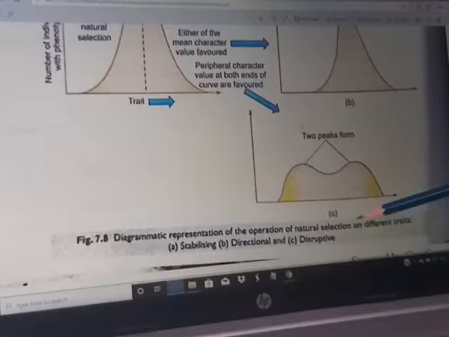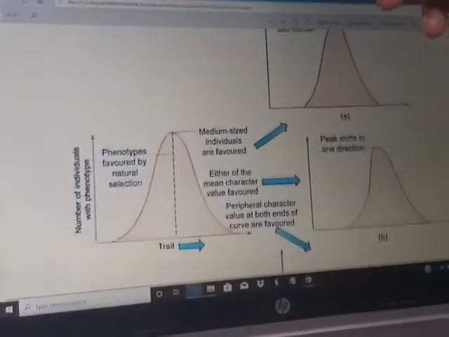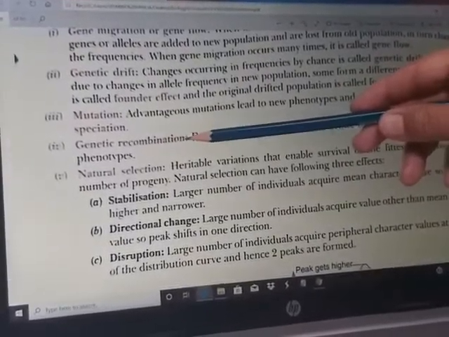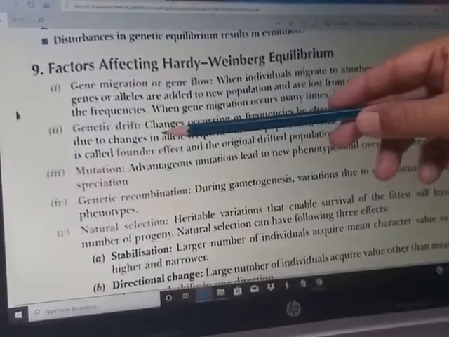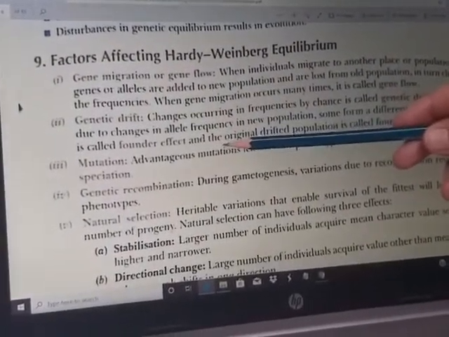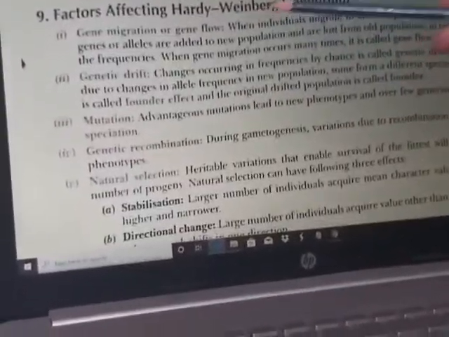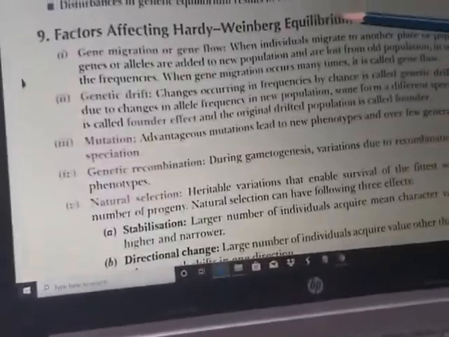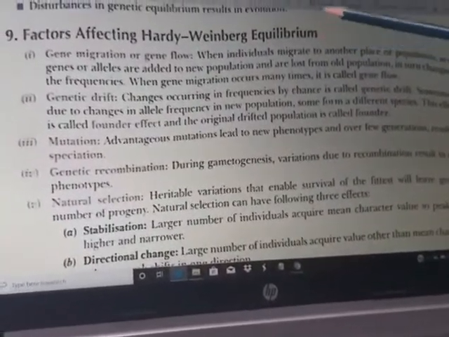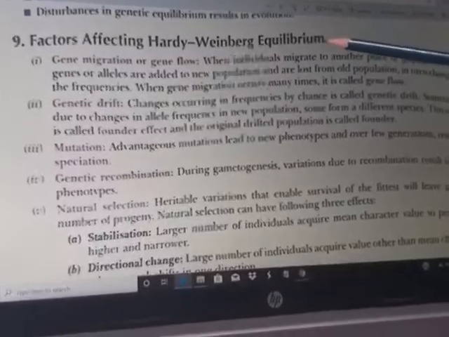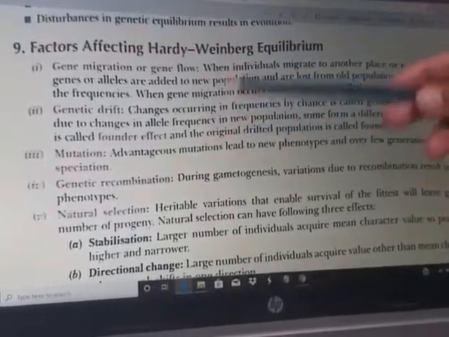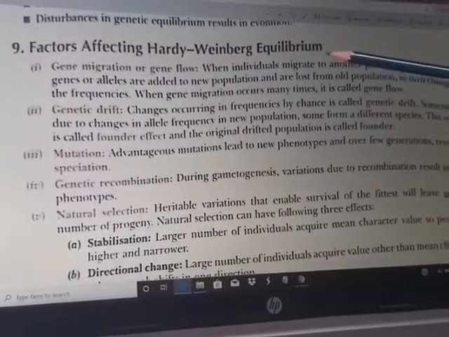So these were the 5 factors we have studied: natural selection, genetic recombination, mutation, genetic drift, migration. These 5 factors affect Hardy-Weinberg equilibrium, or I should say genetic equilibrium. This equilibrium remains constant from generation to generation, but if any one of these factors operates, the equilibrium will be disturbed.